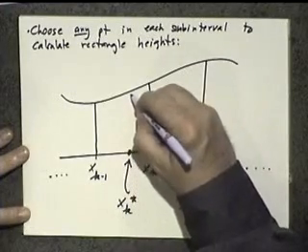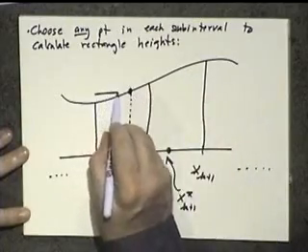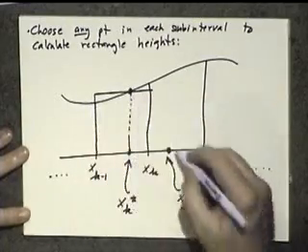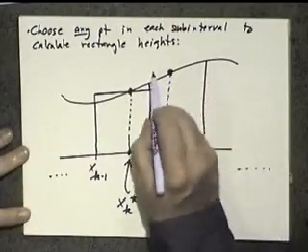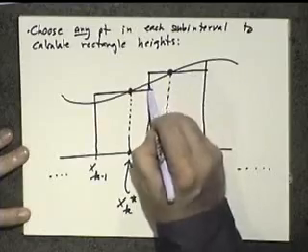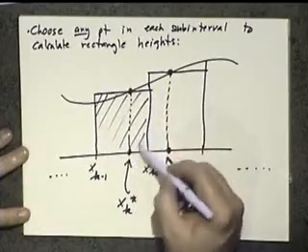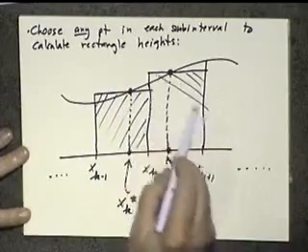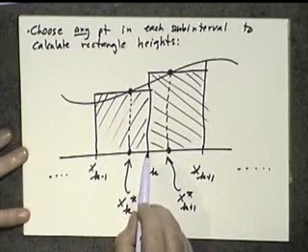Now, what do those give me? They give me a place on the curve that I can use as the height of the rectangle. That's what they give me. So this one here gives me a point like that, which gives me a height like that. Now I have two rectangles here, and I can figure out their areas because I know their widths.